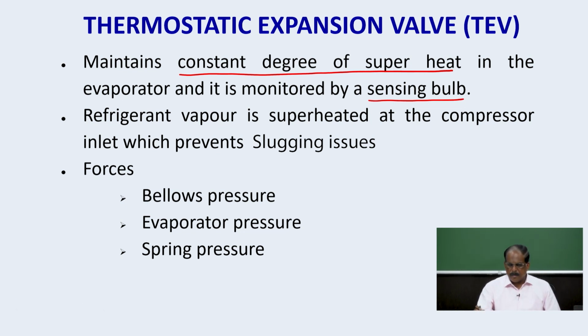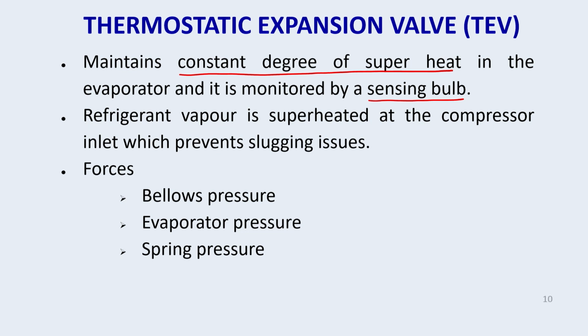So here the refrigerant vapor is superheated at the compressor inlet, which prevents clogging issues. If we don't have a superheated condition, what happens? If the evaporator is a flooded type, the liquid refrigerant, due to its accumulation, will flow out over the brim, and assuming critical charge is not there, it will overflow and there are chances of liquid refrigerant entering the compressor, which will result in slugging issues.